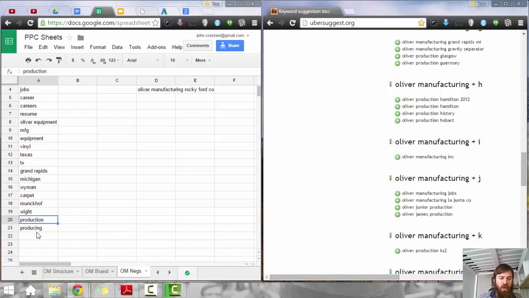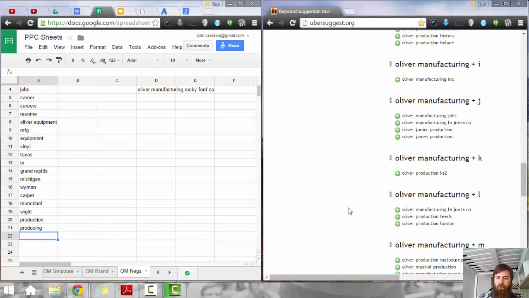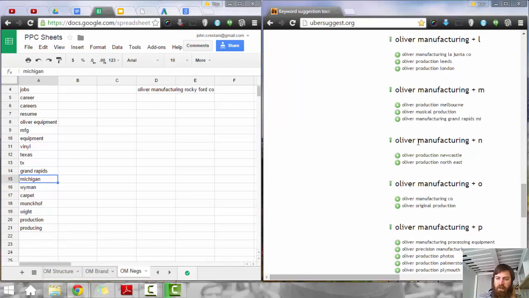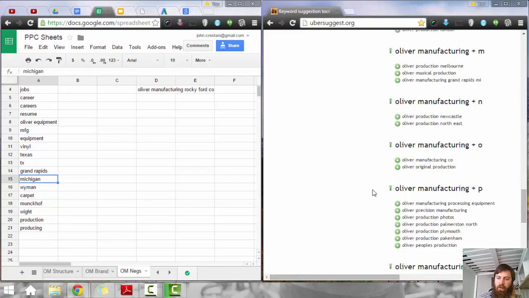We're going to get rid of Junior and James, even though those should be negatived out by the fact that it's production. Oliver Production, KS2, Manufacturing, Grand Rapids. We already got rid of Grand Rapids, and we have Michigan here. So a lot of the terms that would show up for Oliver Production are being negatived out.